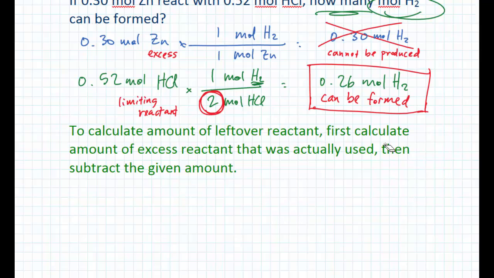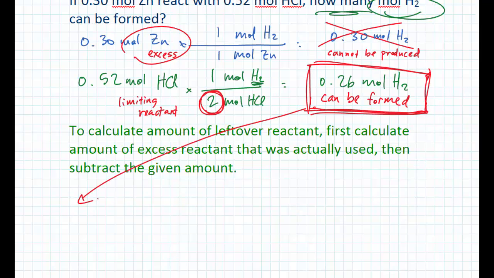Because here's the excess reactant, to figure out how much was actually used, I'm going to take my answer from before and start with that. Let's start with the 0.26 moles of H2, which can be produced, the product amount that can be produced.